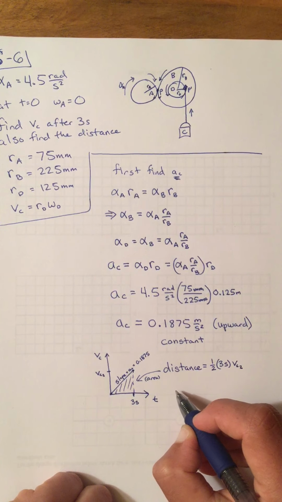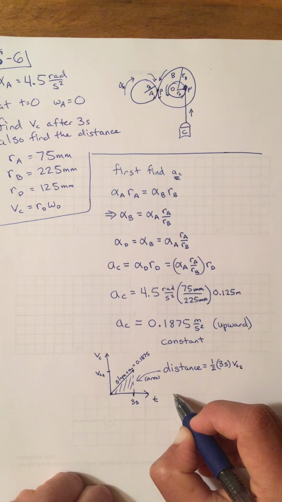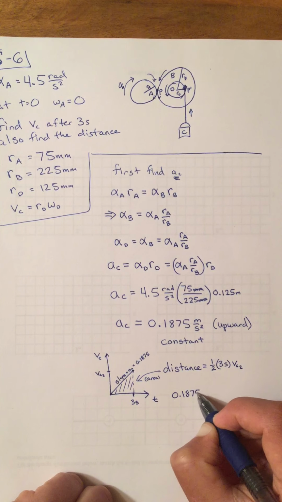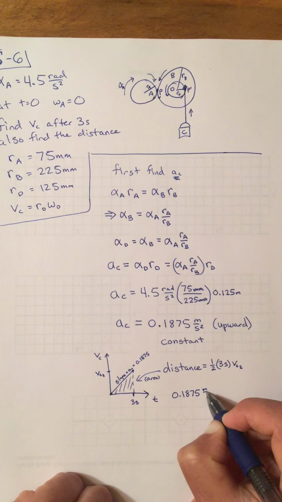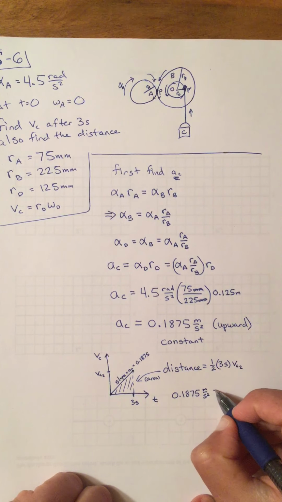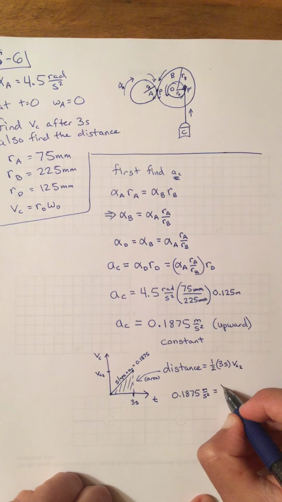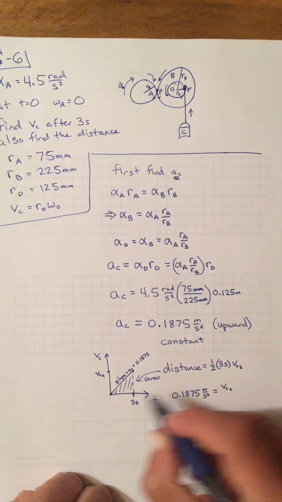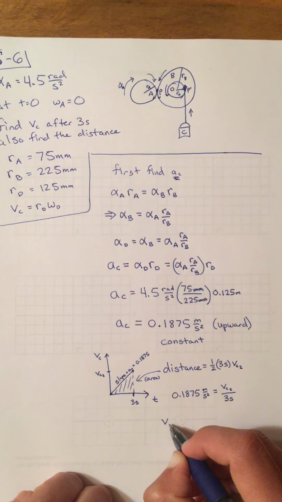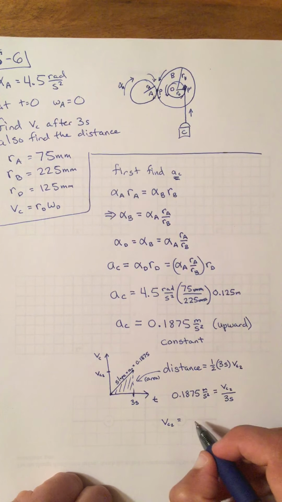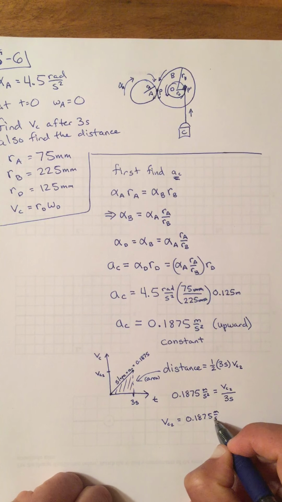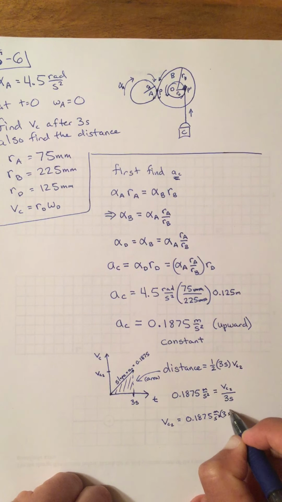I can look at the slope, and the slope, 0.1875 meters per second squared, is equal to the change in velocity over the change in time. The change in velocity is VC2 minus 0, since we started at 0, divided by 3 seconds. So my velocity is 0.1875 meters per second squared times 3 seconds.